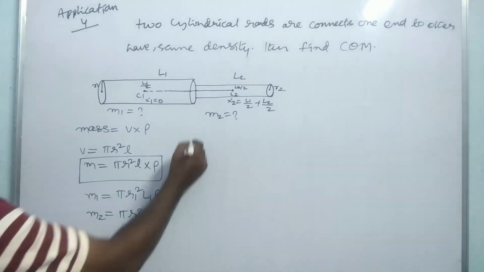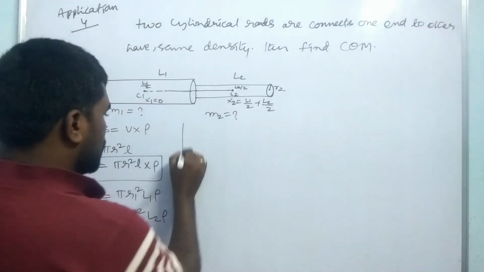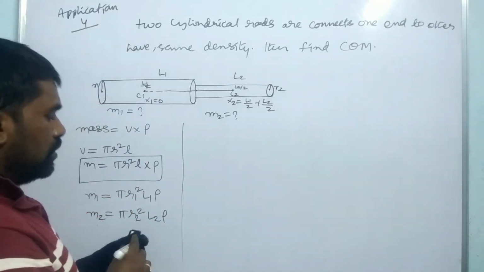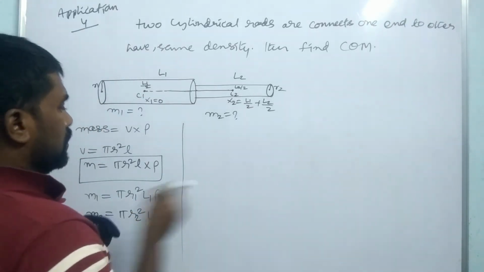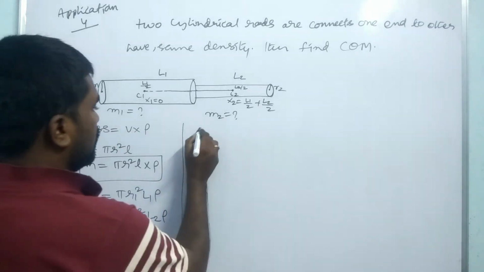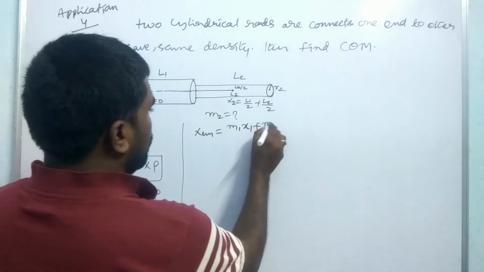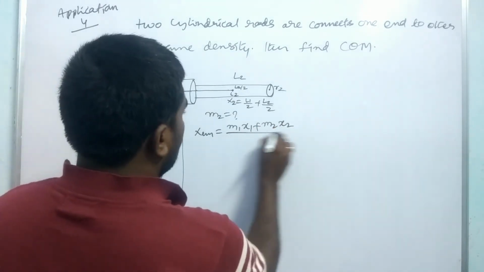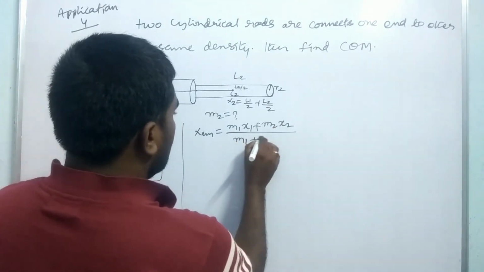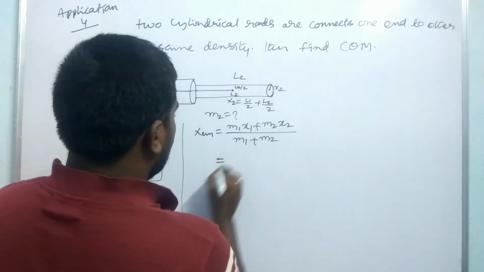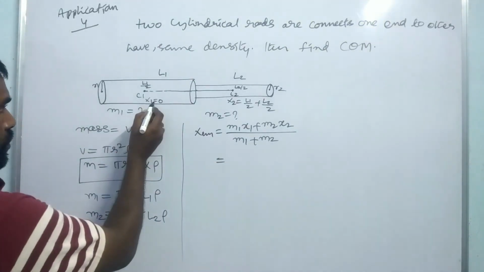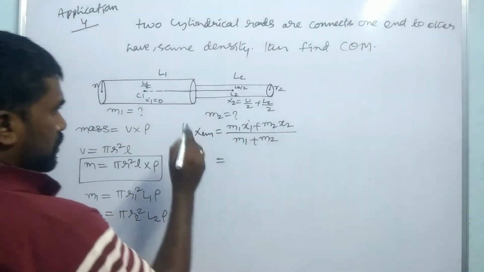So now let us find the center of mass. XCM is equal to (M1x1 plus M2x2) by (M1 plus M2). What is M1 here? x1 is equal to 0, so the M1 term will be 0 here.